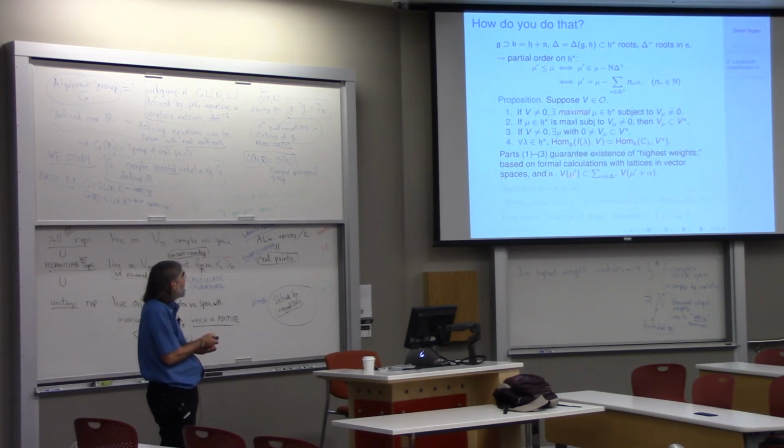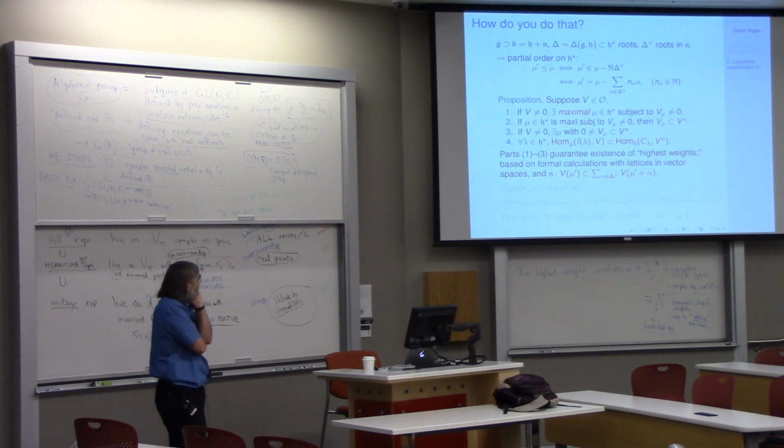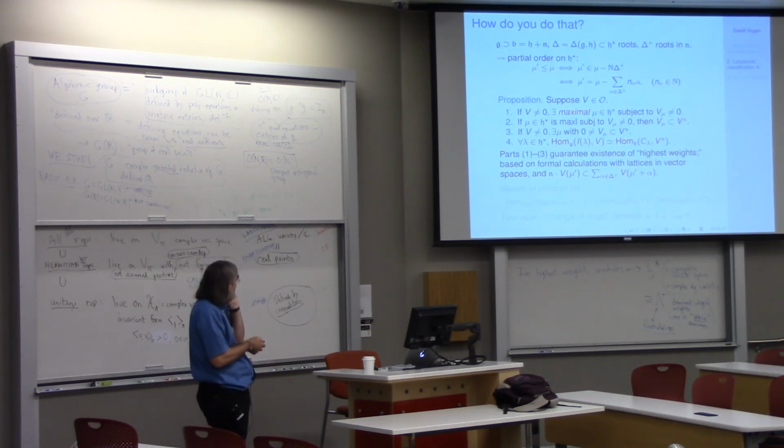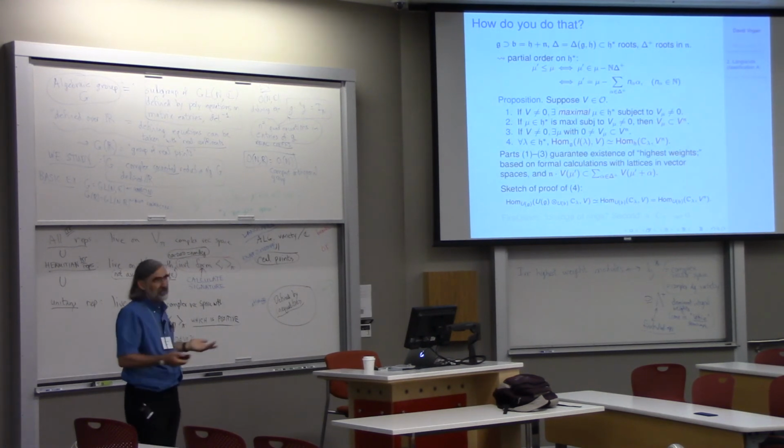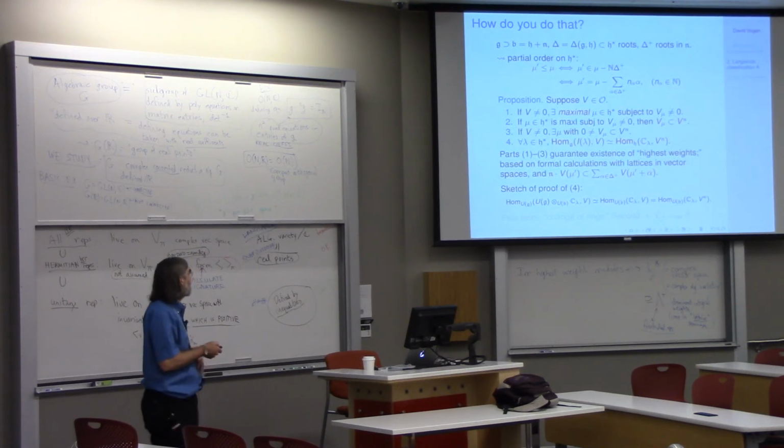This should have been subscripts here. I was writing weight spaces with subscripts, so this should be V subscript mu prime and subscript mu prime plus alpha. So that's how you prove 1 to 3. And then 4, the definition of I lambda is this. And this kind of construction is called a change of rings functor.